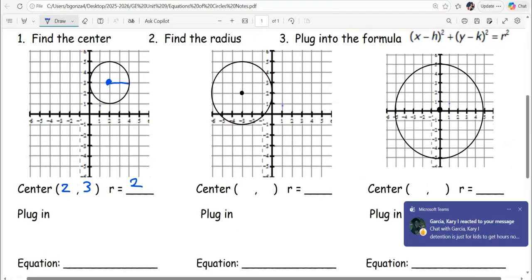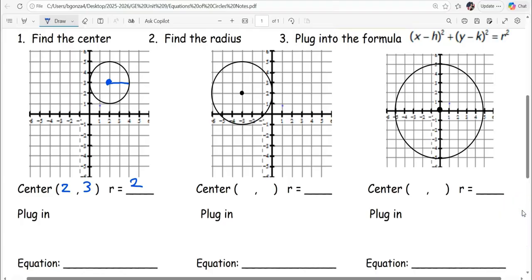So far so good. Now here's the deal. You've got to plug the center, which is h and k, and the radius r into here. So this is our equation up here in the top right. I'm going to start writing it. X minus, and h is 2, right? That's the center x value. X minus 2. You always have to end the parentheses squared.